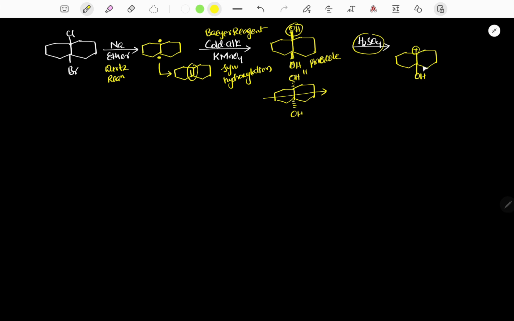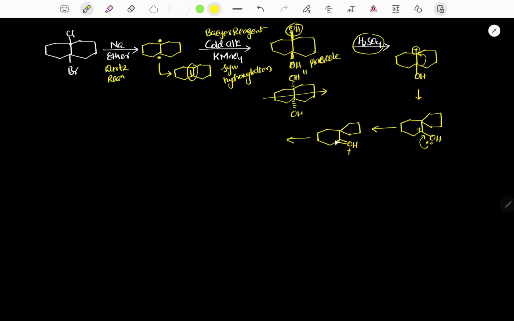Now here ring contraction takes place, because that is the only possibility. Why is it undergoing ring contraction? Because here an octet is possible. For an octet, ring expansion or ring contraction, anything is possible. So here, for getting the octet, ring contraction takes place, and finally we convert this compound into this.